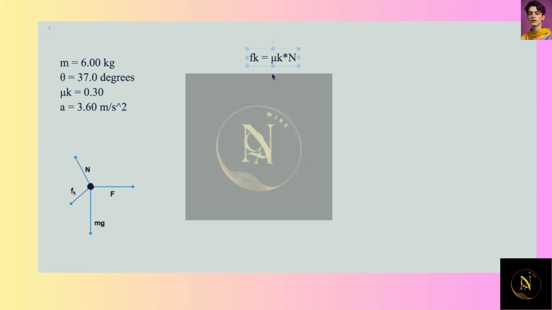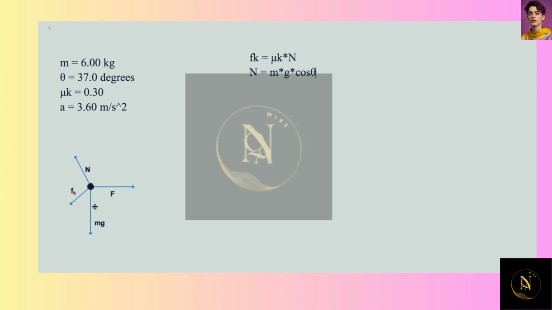Now the normal force here, since we have two forces that are pushing on this block that are perpendicular to the ramp, we have to consider the normal force due to each of these components separately. So the normal force is going to have one component from gravity, from this weight force, and that's going to be mg times the cosine of theta here.